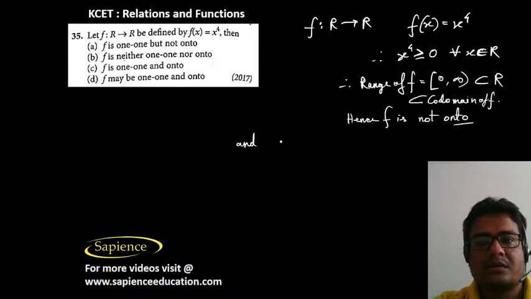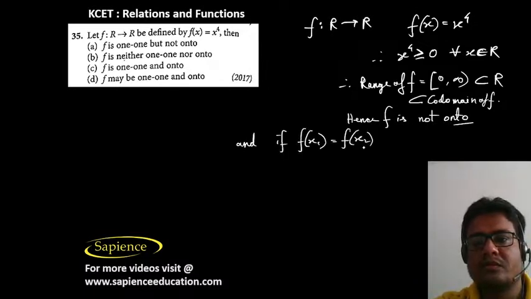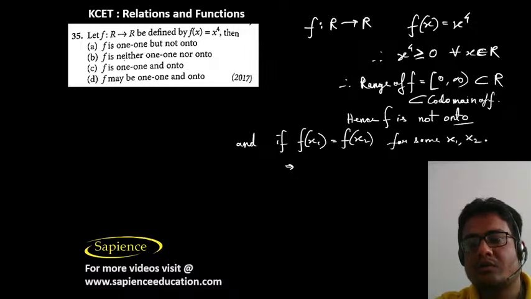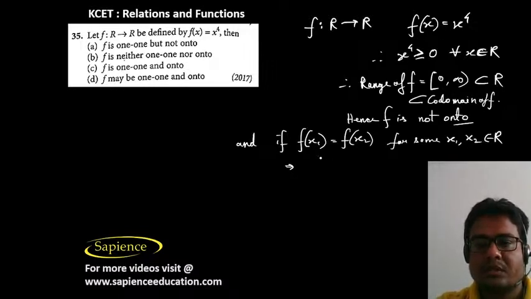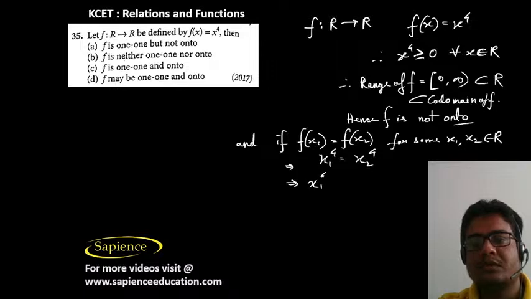And if f of x1 equals f of x2 for some x1 and x2 belonging to R, meaning both are real numbers, then x1 power 4 should be equal to x2 power 4. Now x2 power 4 minus x1 power 4 will be equal to 0.